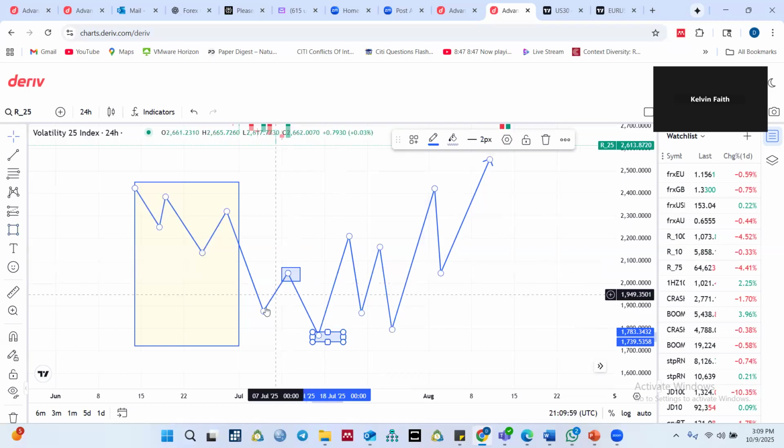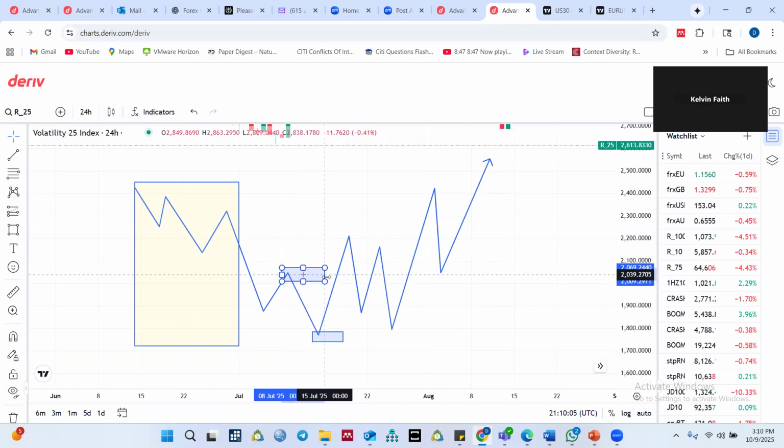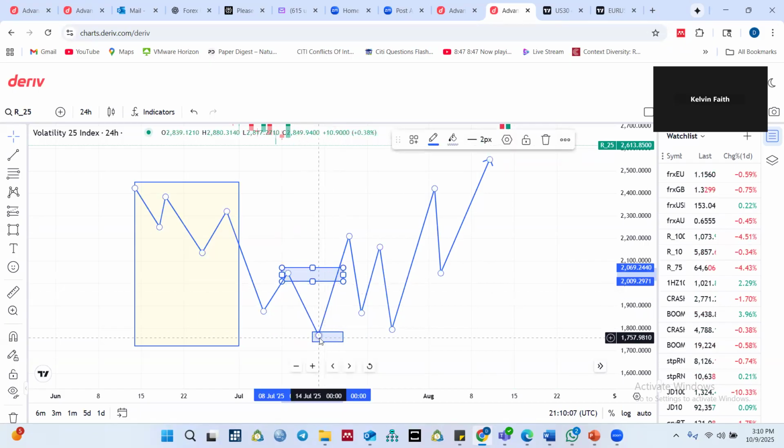This is the last lower high that gave you this lower low. The moment you see that last lower high is taken out by an impulsive move, we can call this point a change of character or a break of structure. They are not the same things, but we can use them interchangeably. So let's just say a shift or a break of structure.